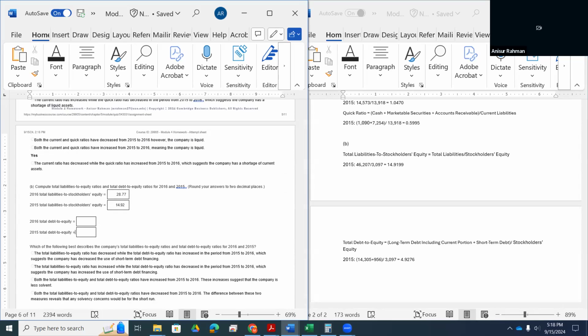Do 2 decimal places, 4.93. Following the same process for 2016 should give you 8.89.